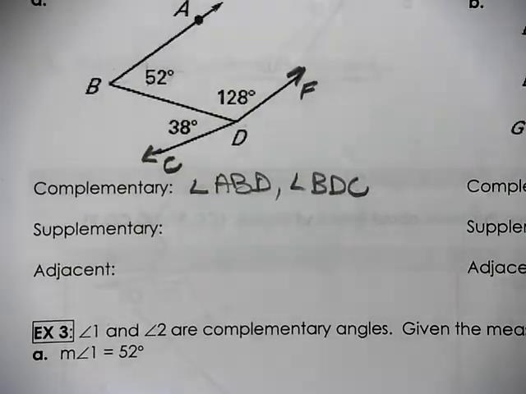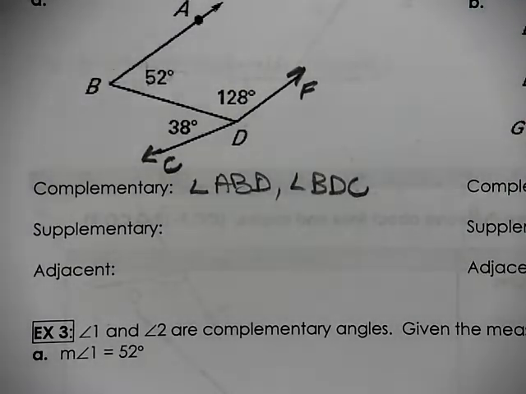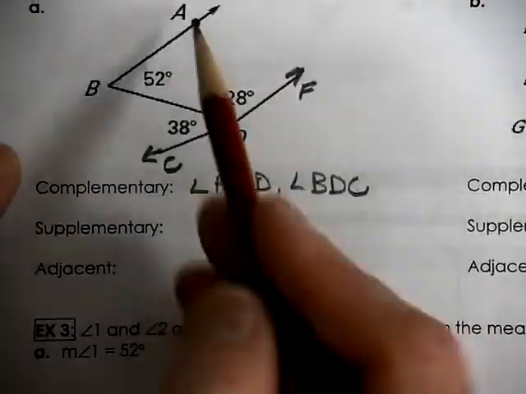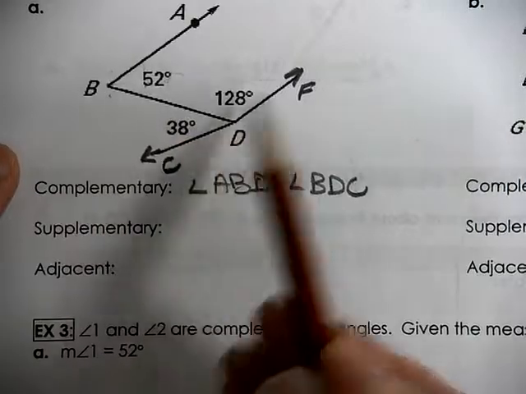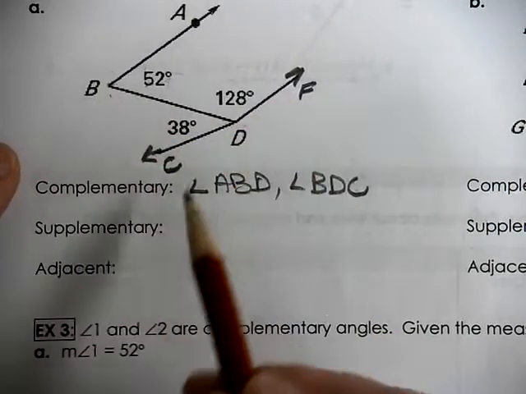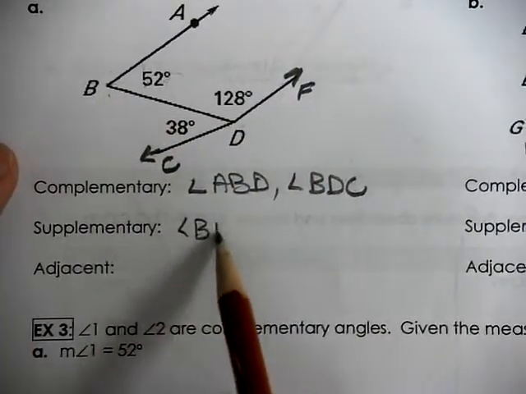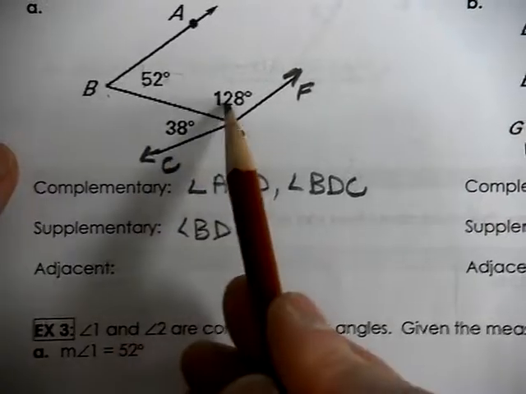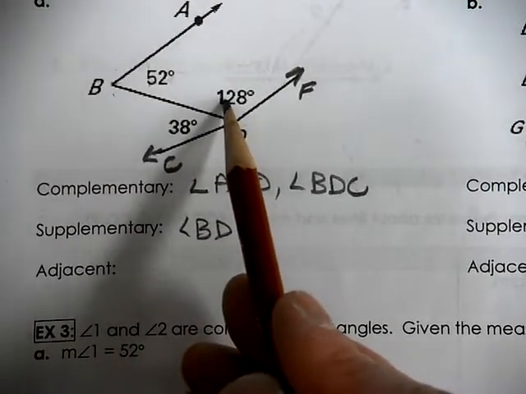Which angles are supplementary? We're looking for two angles that add up to 180. We have angle BDF. That's 128 degrees.